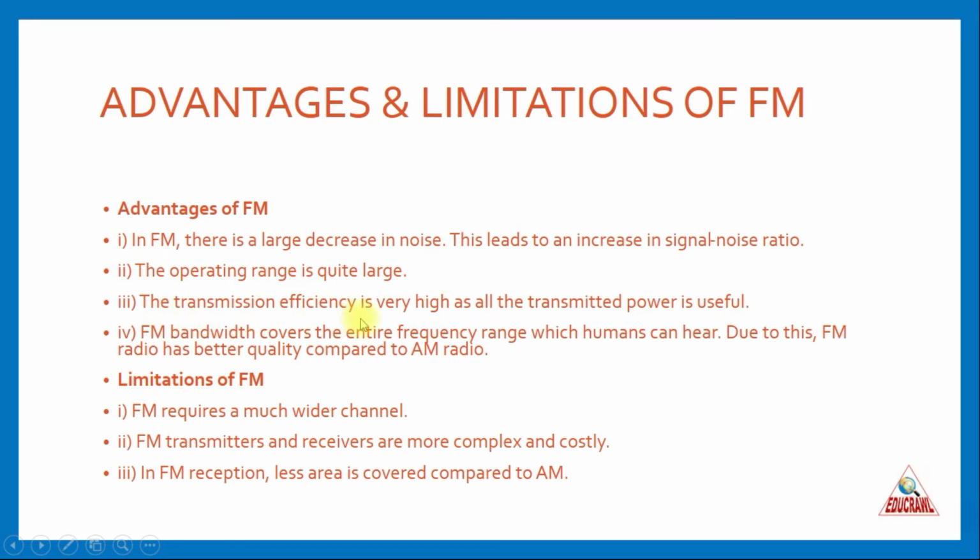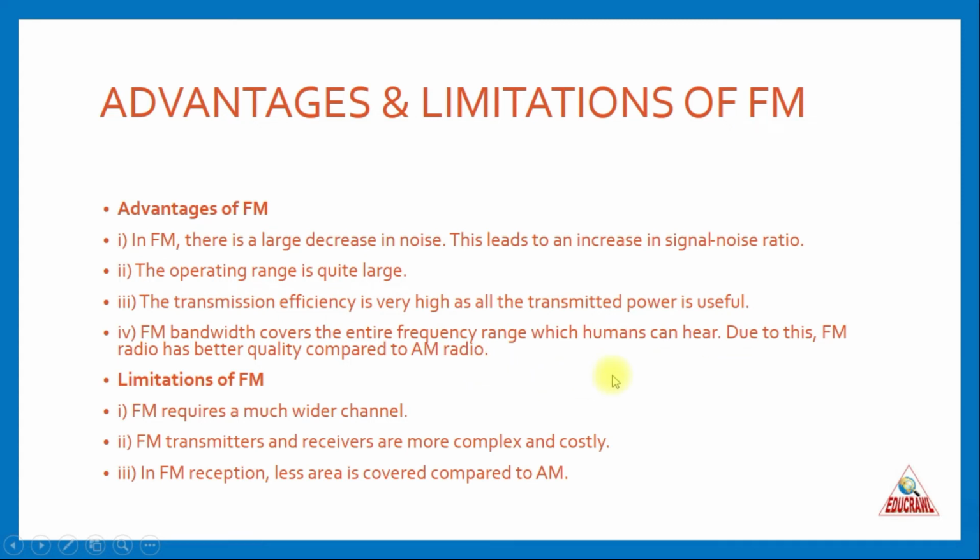The transmission efficiency is very high as all the transmitted power is useful. And in frequency modulation, the bandwidth covers the entire frequency range which humans can hear, from 20 Hz to 20,000 Hz. Due to this, frequency modulated radio has better quality compared to amplitude modulated radio.